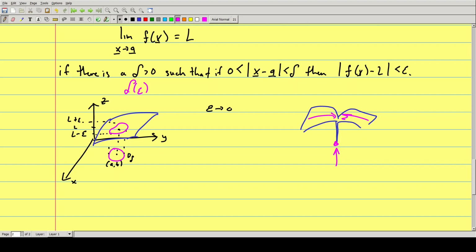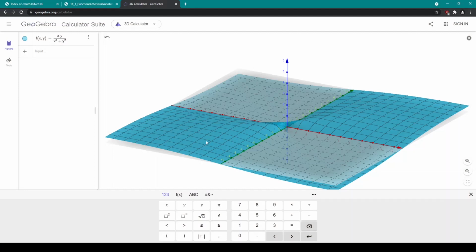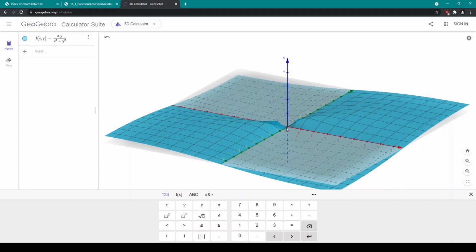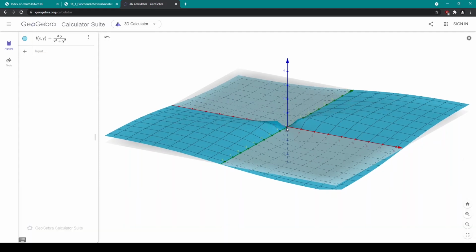All right. Okay. So we need to zoom in here. We're gonna have to zoom away, and it's gonna take a little while.